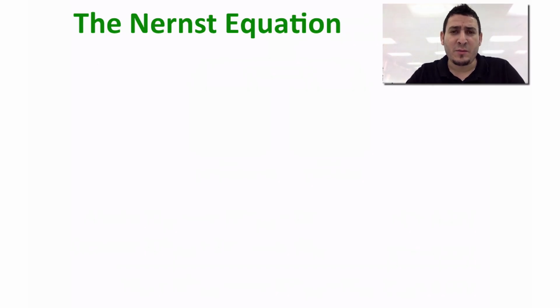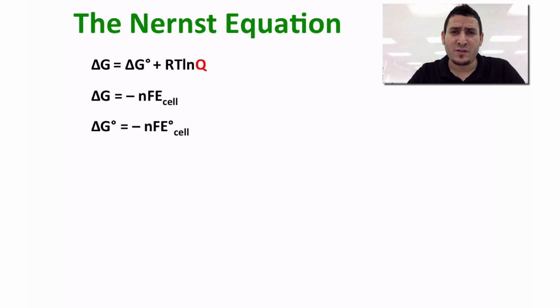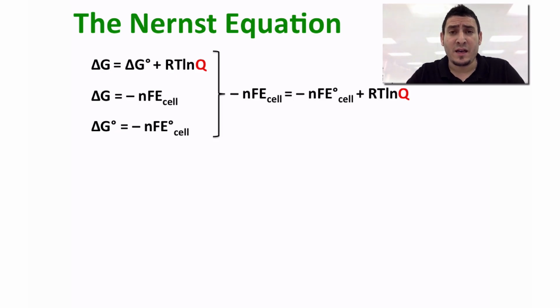Recall from thermodynamics, delta G is equal to delta G0 plus RT ln Q. And we have discussed previously that the change in free energy is equal to minus nFE, and at standard conditions, delta G0 is equal to minus nFE0. The equation then becomes minus nFE cell is equal to minus nFE0 cell plus RT ln Q.